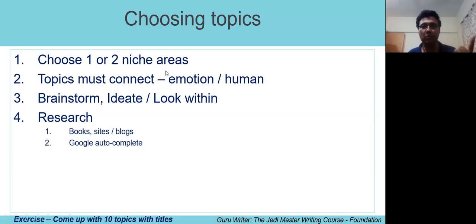Based on this, what is your niche? Whether the topic has human connection, human emotion, story of human interest. Then look within and figure out whether there's something that comes up for you. And you can even do a little bit of research on Google and come up with a few topics that you can use. At least one topic so that we can use that as part of the rest of our exercise.